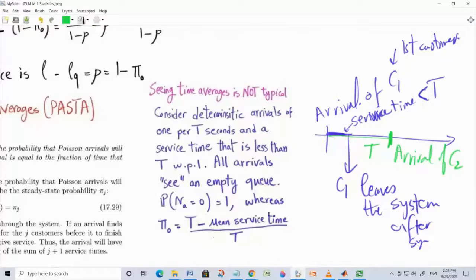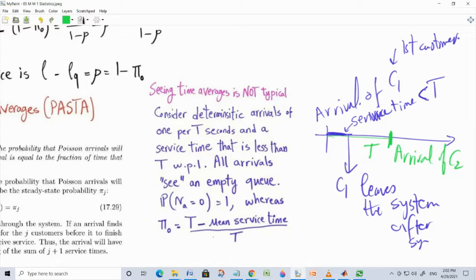From the perspective of the arrivals, they may see statistics different from someone who is not an arrival, who is studying the system at any possible time instant. Okay, so again, if you look at any time, you are not bound by the arrival process.